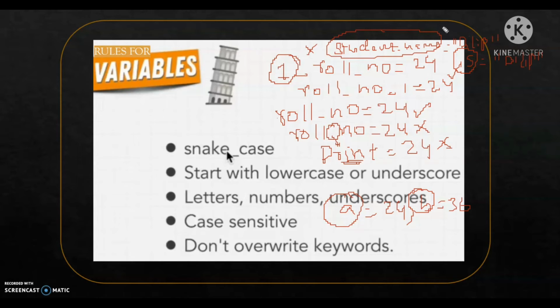Sometimes what will happen, you give roll_number is equal to 24, so you already assigned a value 24 for roll_number, and this is stored in roll_number. Suppose you wanted to retrieve the number for this variable, you cannot just give Roll_number because it is case sensitive.